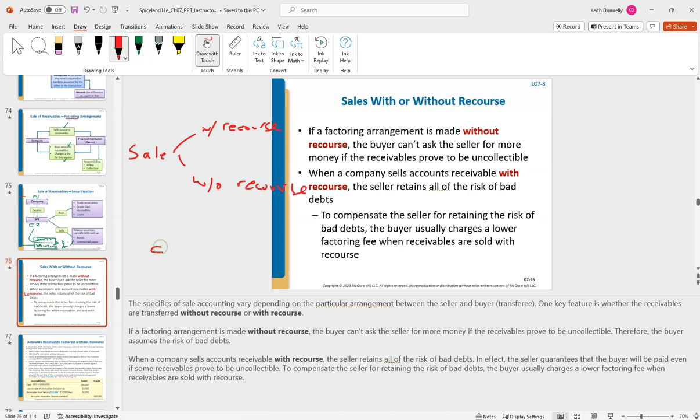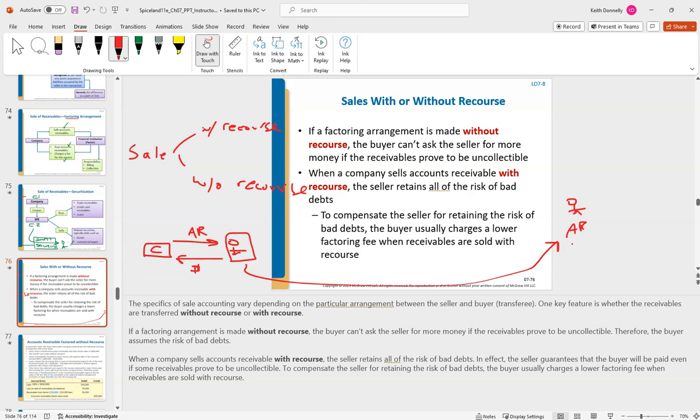So, we have our account receivable, and we're going to sell it to you, maybe a bank or a person. They give us some money. What happens after this guy gets it? He's sitting on the account receivable, so here he is with his new fancy receivables.